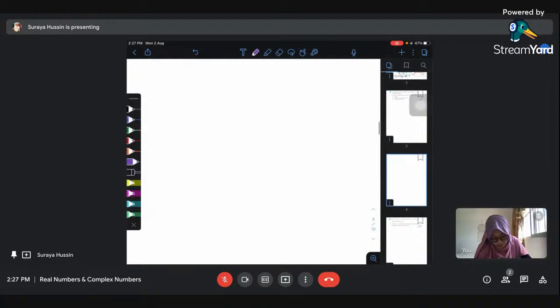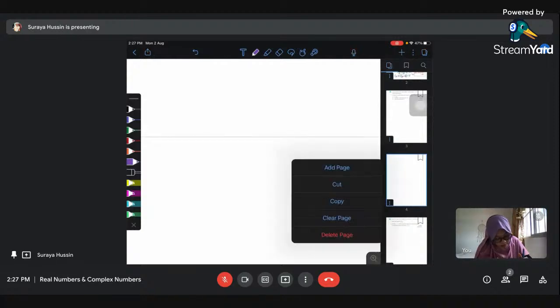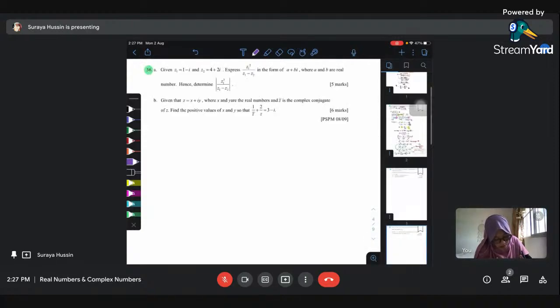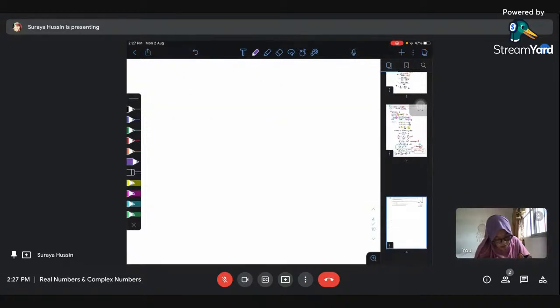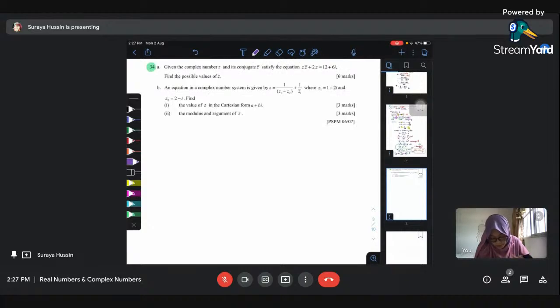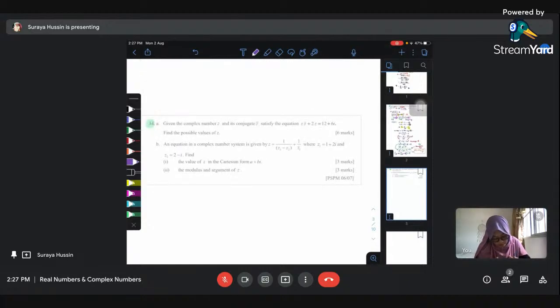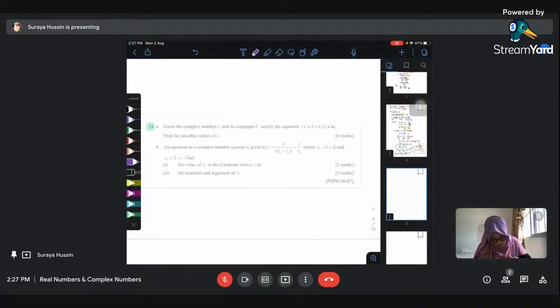Tak boleh pula. Sekejap ya, delete page. Add page. 34. Kenapa 34 di sini? Sekejap ya.